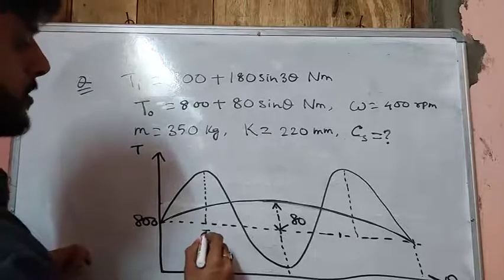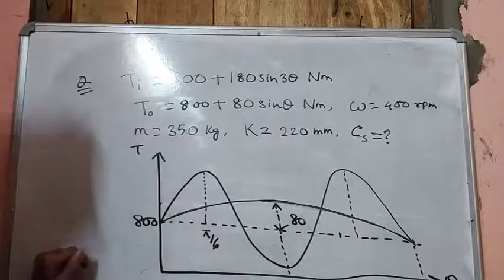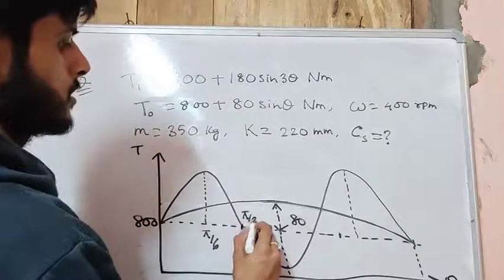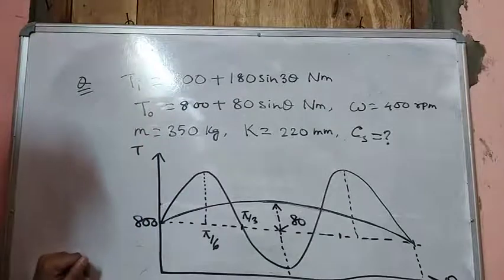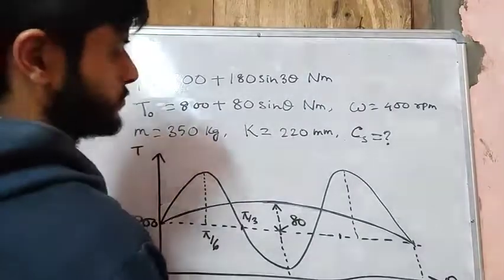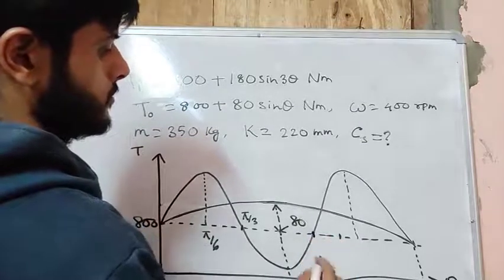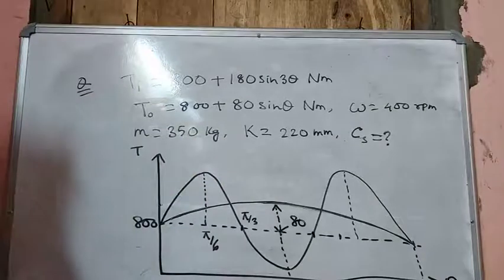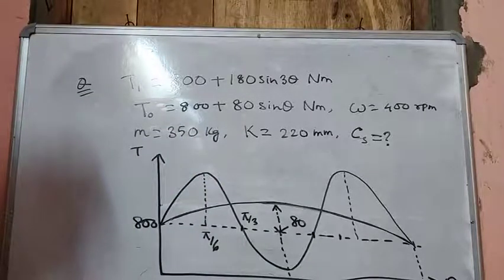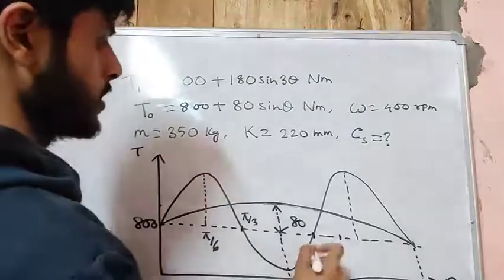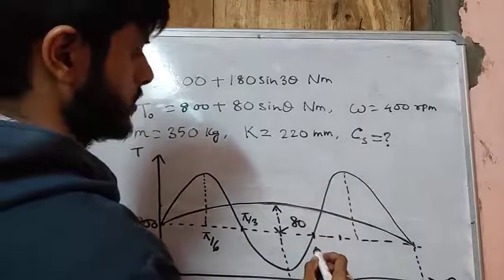This will be pi by 6, this will be pi by 3, this will be pi by 2, and this is 2 pi by 3.